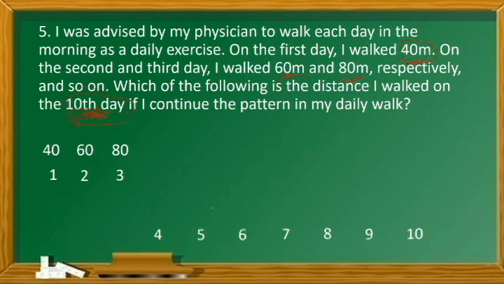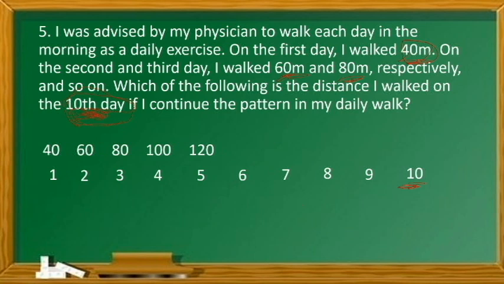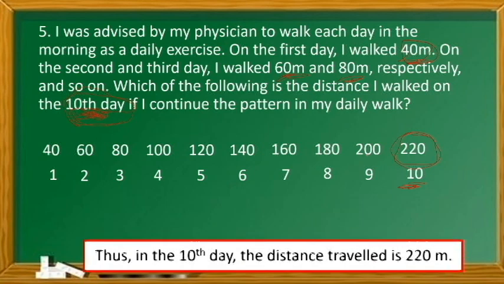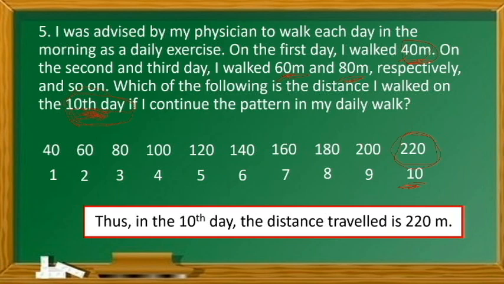If we continue up to the 10th day, on the fourth day we have 100 meters, fifth day is 120 meters, sixth day is 140 meters, and so on and so forth up to the 10th day. Then we have 220 meters. Therefore, the answer for this given problem, in the 10th day, the distance traveled is 220 meters.